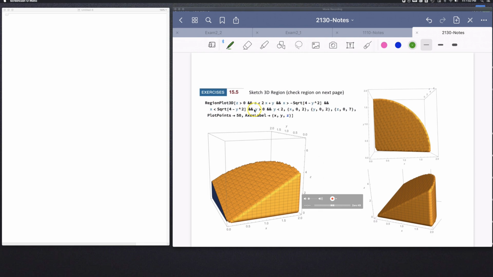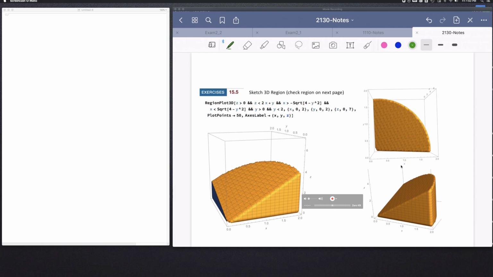I'm checking my limits of integration here. y is bigger than 0 but less than 2. Oh, and I can see that I plotted it only from x going from 0 to 2. So if we plotted this from -2 to 2, we would see a semicircular region with a slanty top, as we're seeing here.